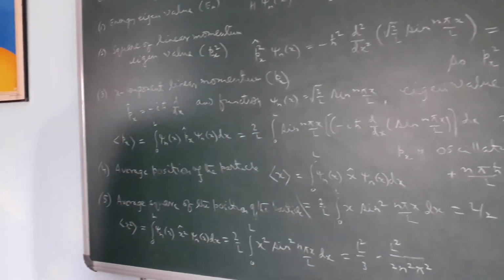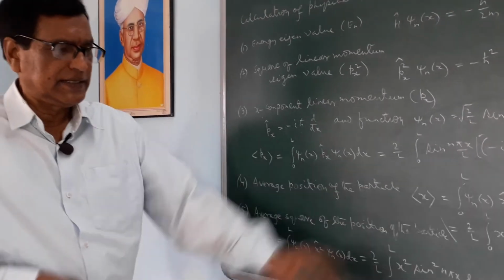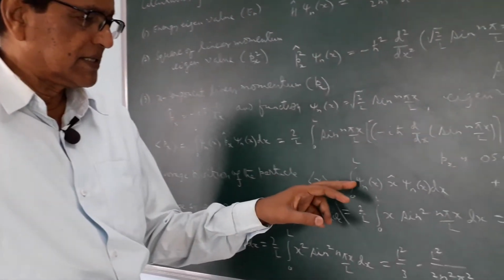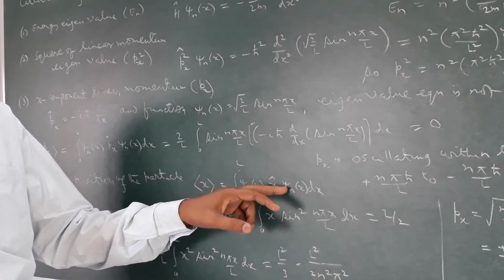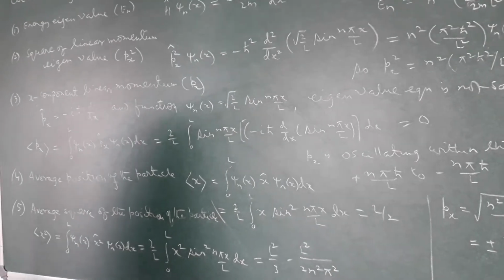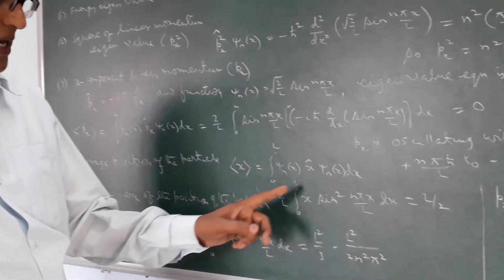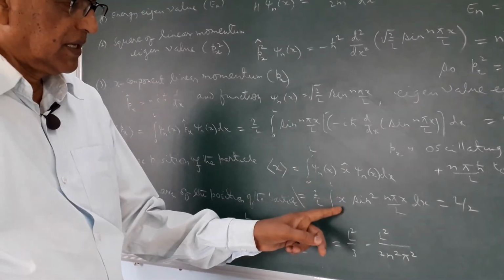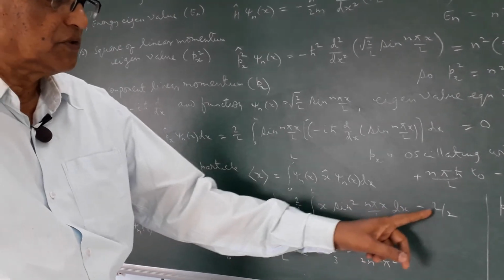Then another tough equation, the average position of this particle. Again, the expectation value of x equals the integral from 0 to L of psi_n x operator psi_n dx, with 2 by L again coming outside the integration, and the limit, and x multiplied by sine square of n pi x by L dx equals L by 2.